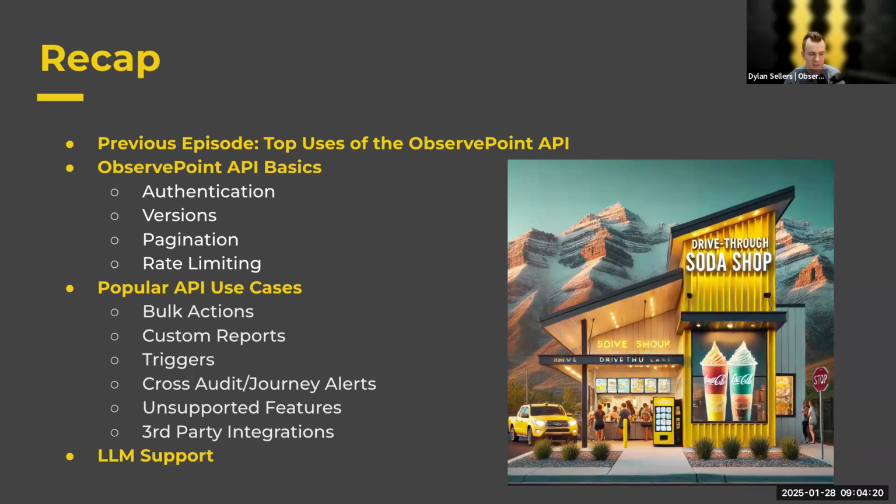There are some popular API use cases we discussed, and then Nick went through an example of using a large language model to lower the barrier to entry in using our API, which I thought was a pretty cool tip. You can go back and watch those on the resources section of our website.